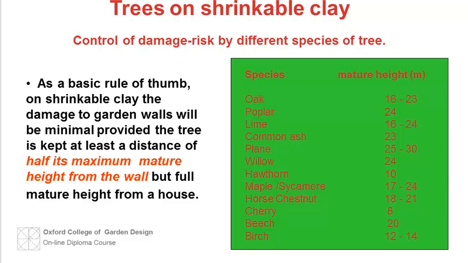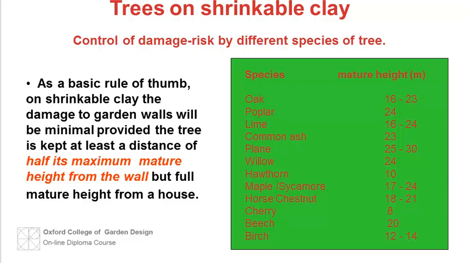A temporary measure for existing trees may be to reduce the crown by severe pruning by up to 80%, but a vigorous tree will grow back within 3 or 4 years. Tree species at the top of the table have the highest number of reported problems. Trees with no reported problems include magnolias, pines, spruce and yew.